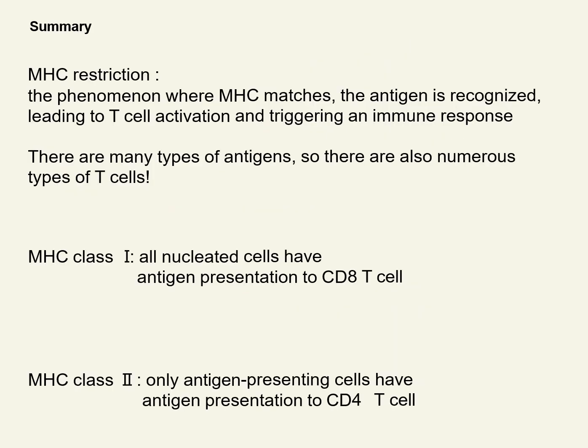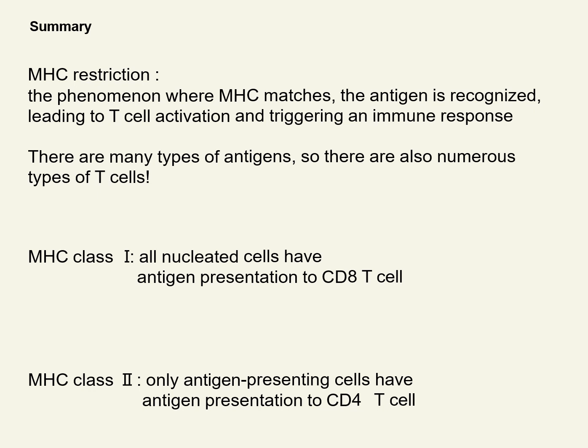To sum up, MHC restriction means the MHC fits and the antigen is recognized. MHC class 1 is on all nucleated cells and presents antigens to CD8 positive T cells. In the case of an intracellular proliferating virus or cancerization of its own cell, class 1 responds.